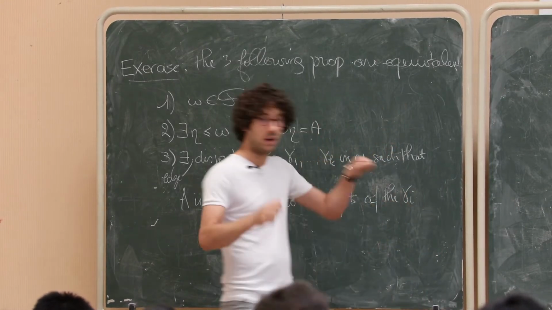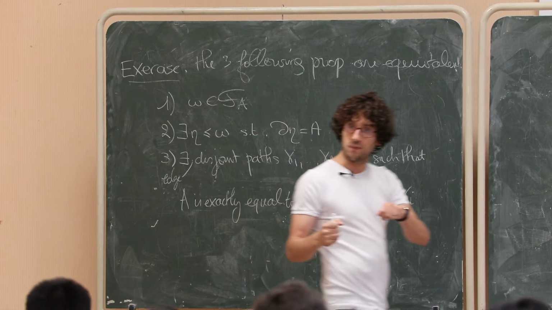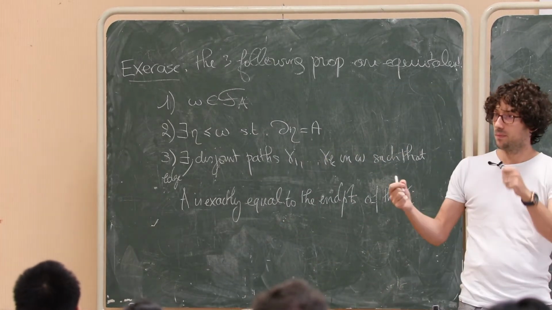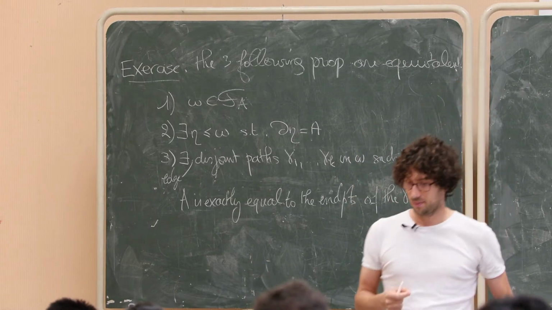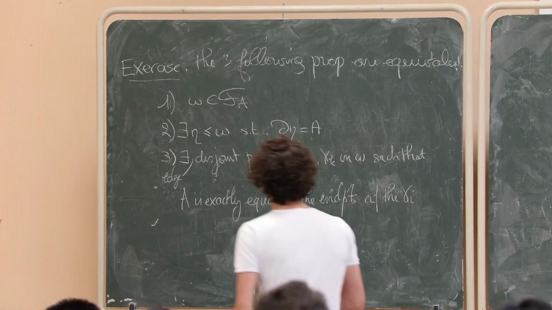So you can pair the elements of A by paths in such a way that A is exactly the endpoints of all these paths. So these are equivalent properties.